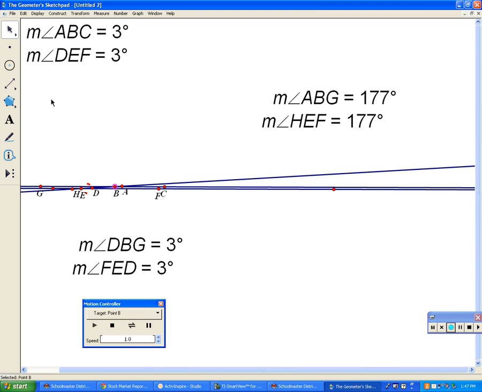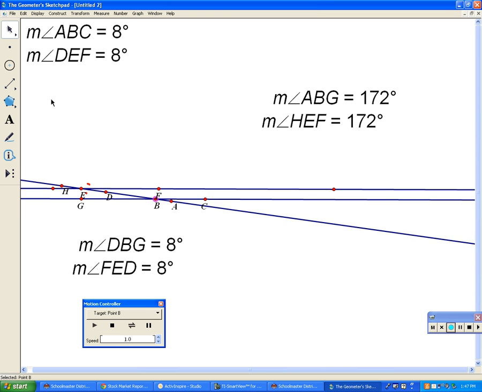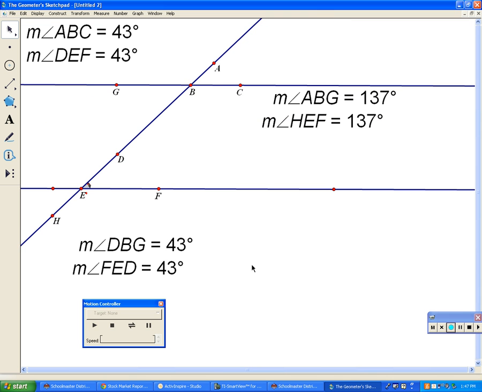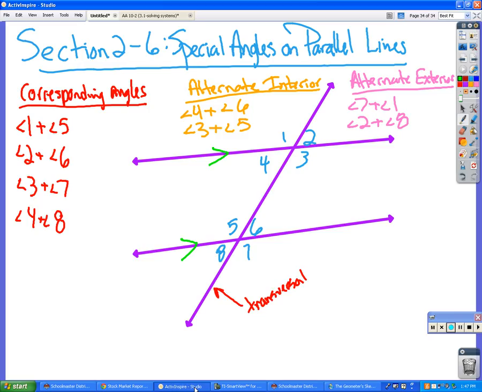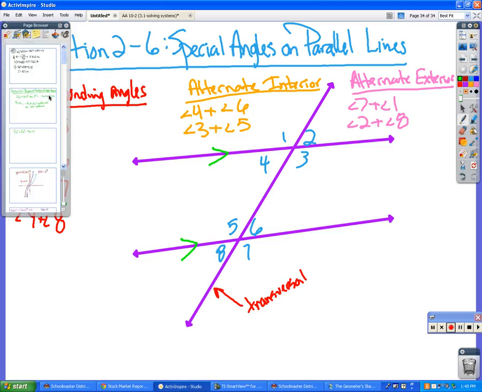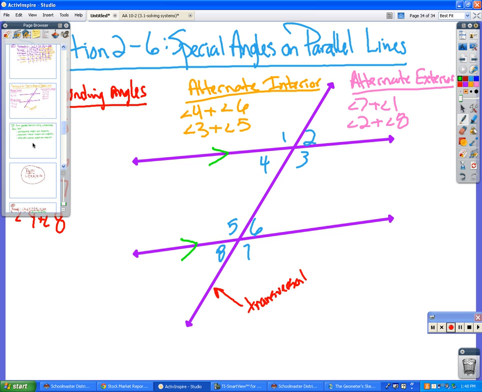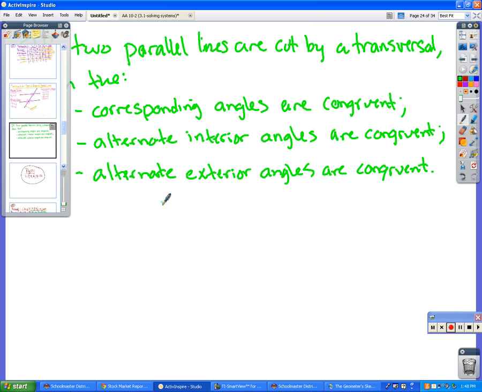Okay? So I did not trick you by drawing the drawing in a particular way. That will be the case no matter what my drawing looks like. Okay? And so that gives us this big honkin' conjecture, which looks like that.